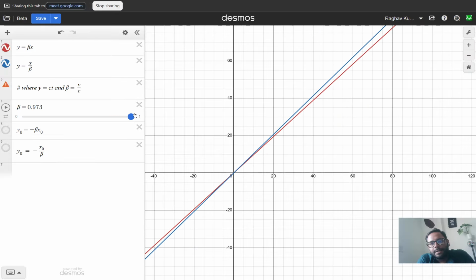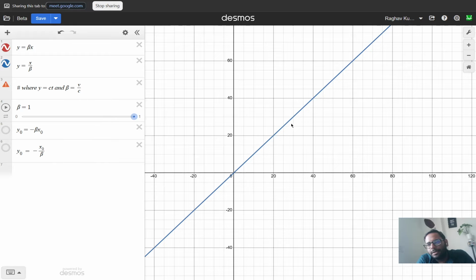When you increase this beta, you will see that it will come together like this, and this is the trajectory, or say the world line, of light itself. When beta is 1, the velocity of an object is equal to c.